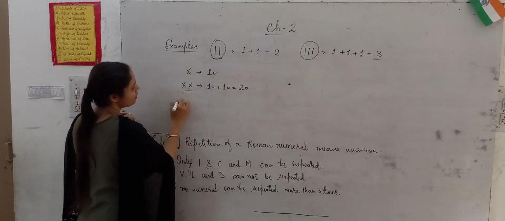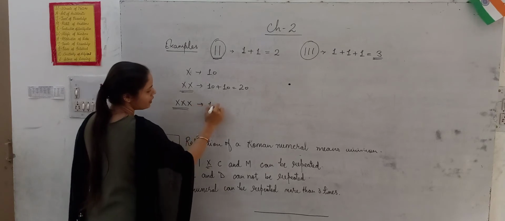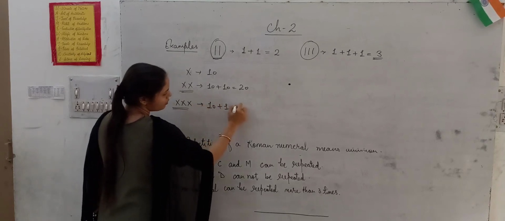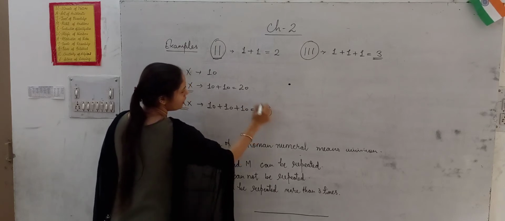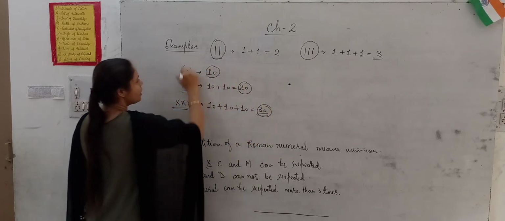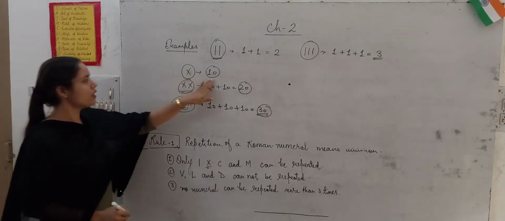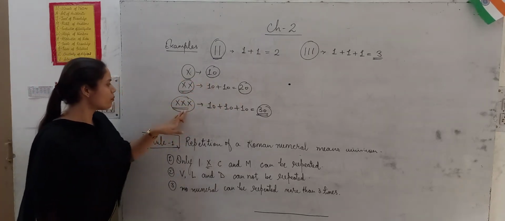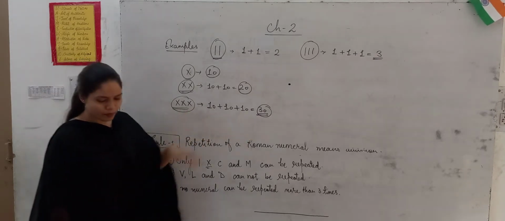If we want to write 30 in Romans, we have to write X 3 times, means 10 plus 10 plus 10 equals 30. These are Hindu Arabic numerals and these are Roman numerals. X for 10, double X for 20 and 3 times X means 30.